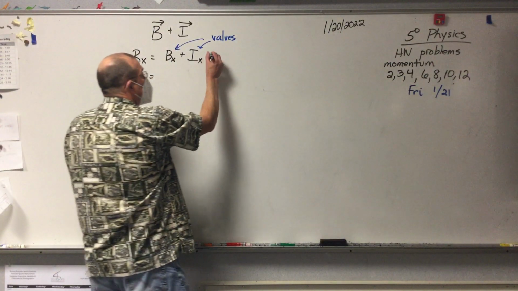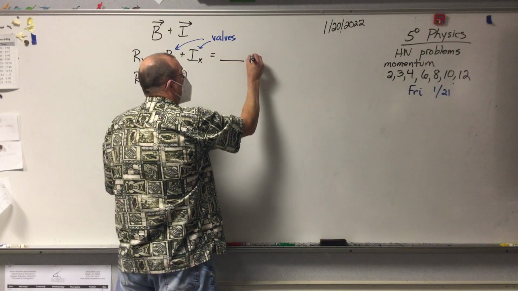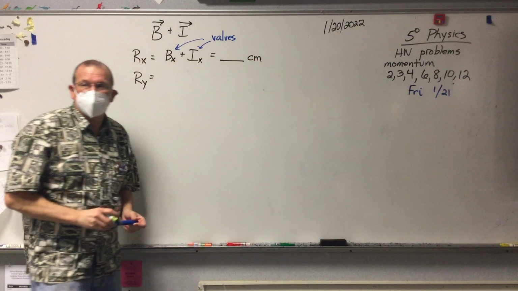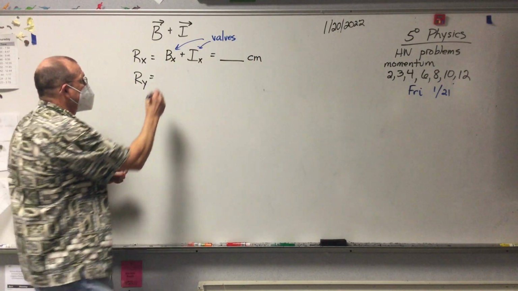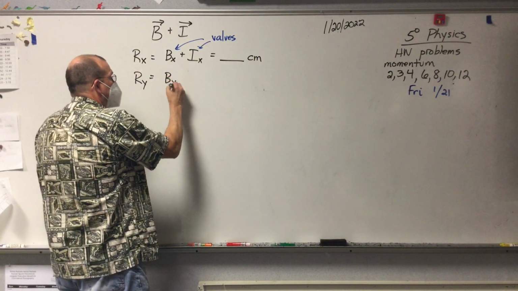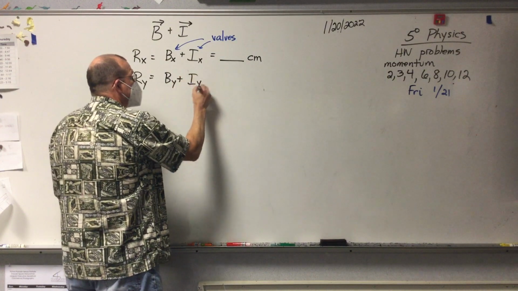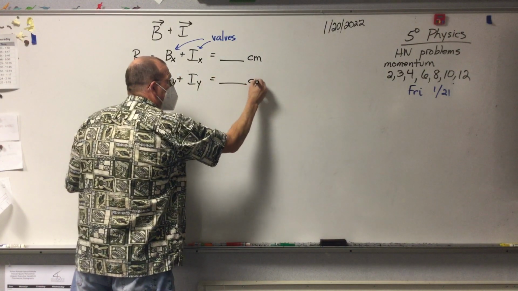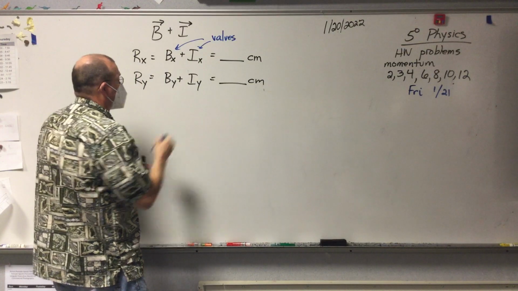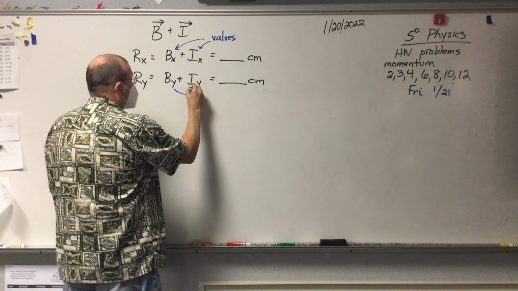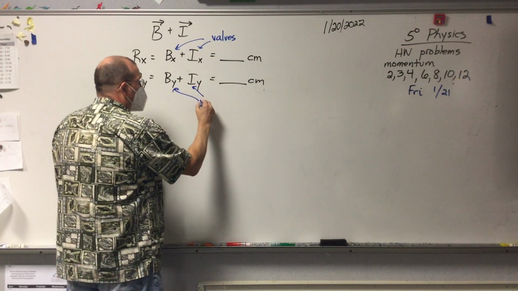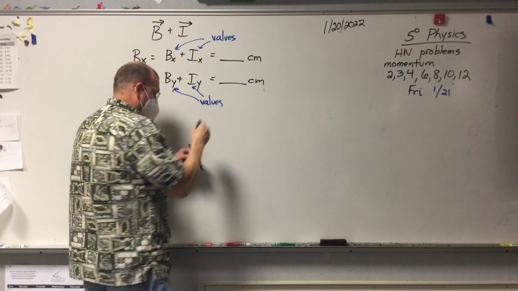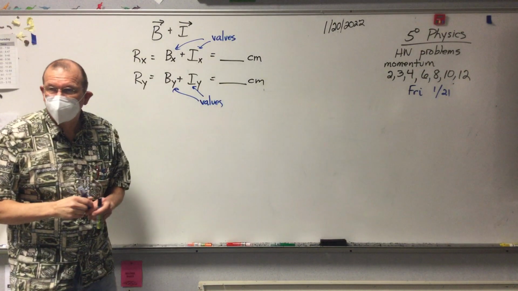And then you are going to give me that answer. And the same goes here. I want you to put the values from the sheet that you have in there.